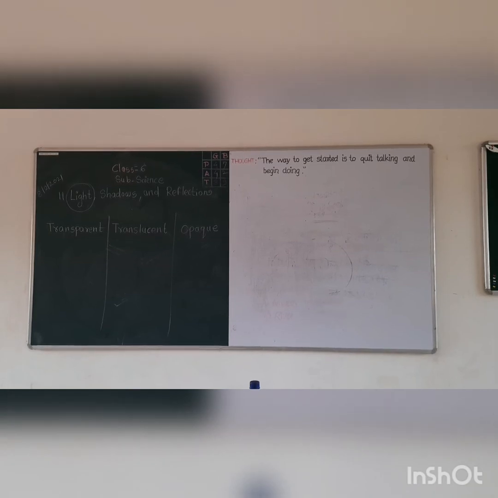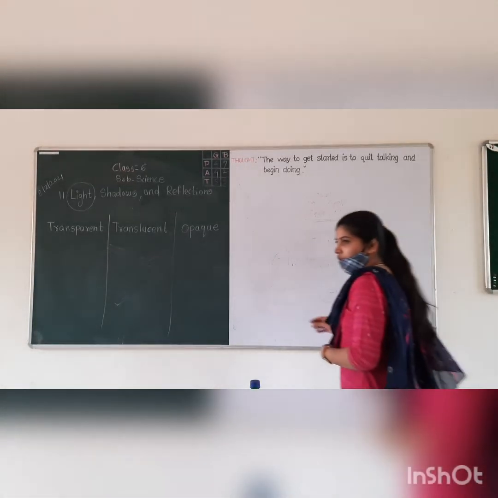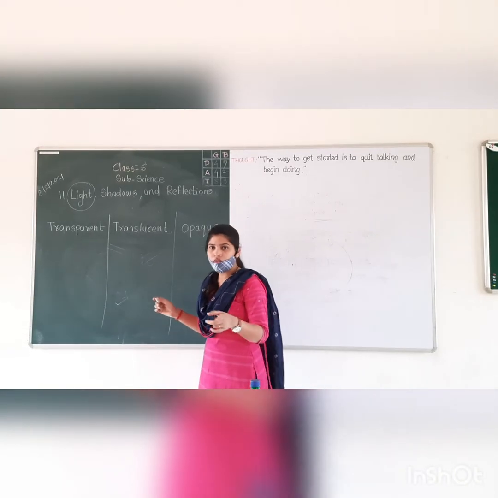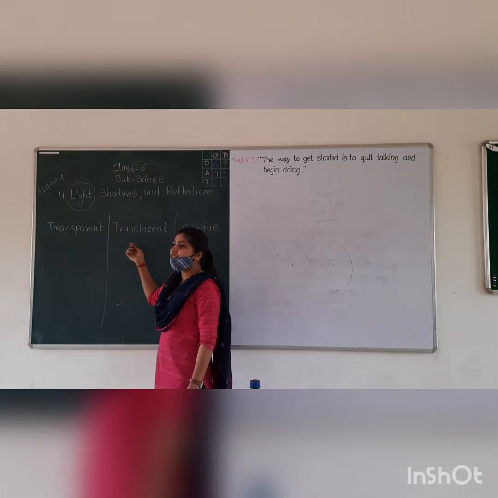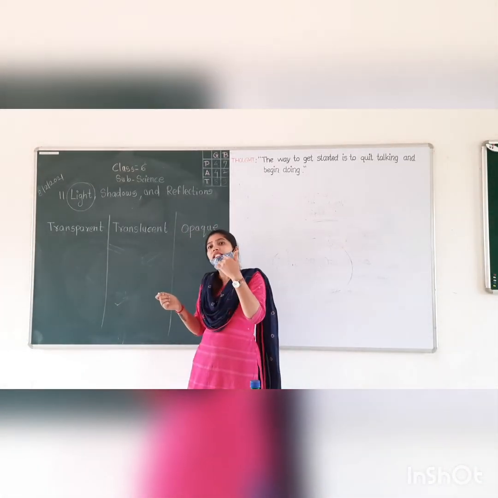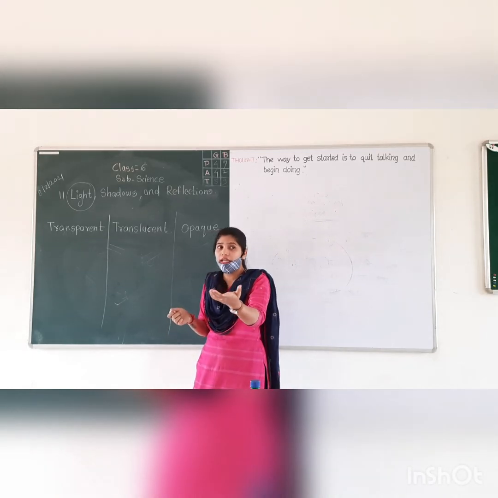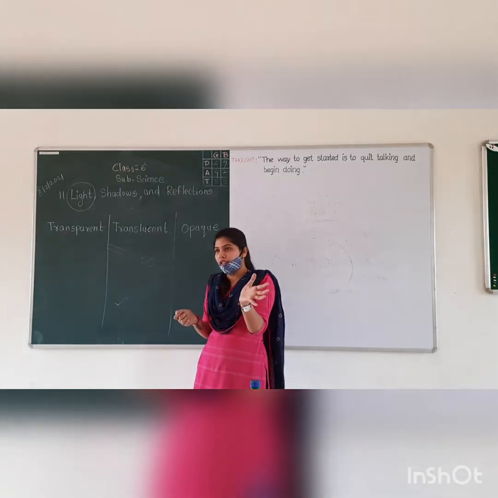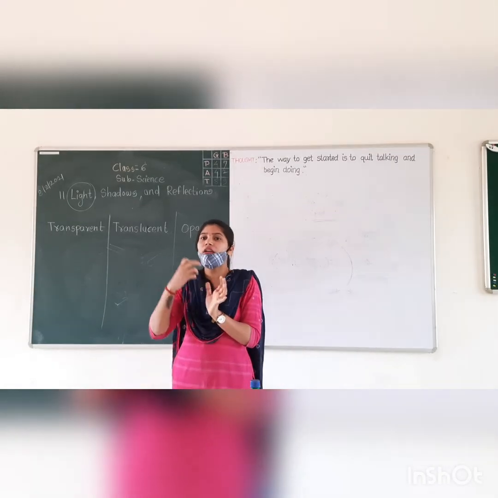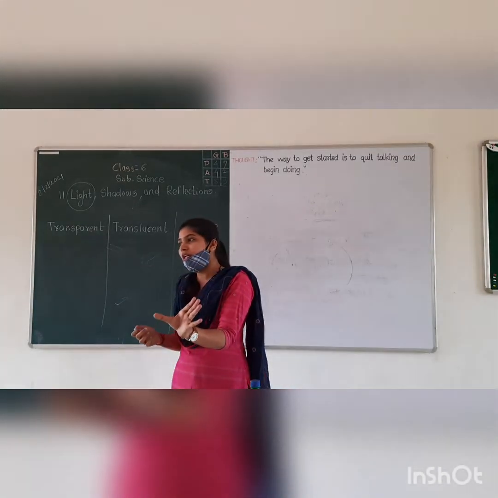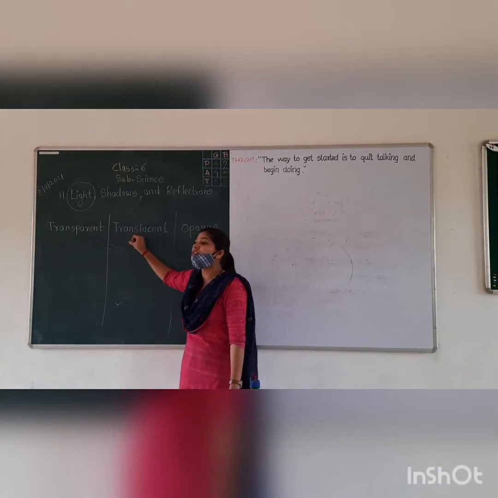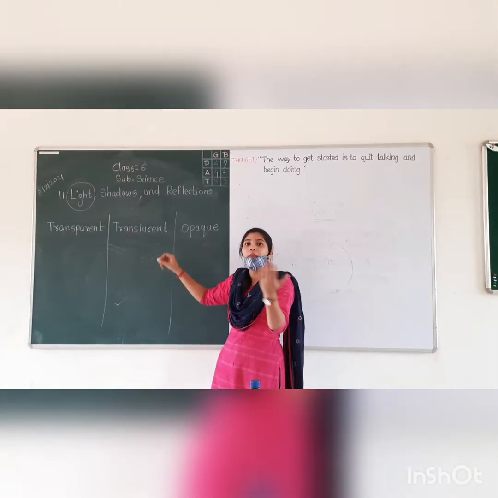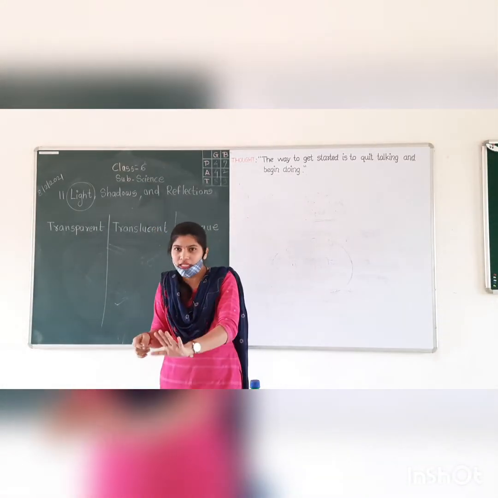Check. Is it going on? So translucent means we can see the object on the opposite side but not clearly. Means partially we are seeing that object, so these are translucent objects, like butter paper.